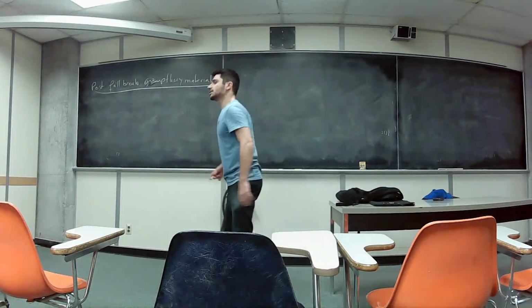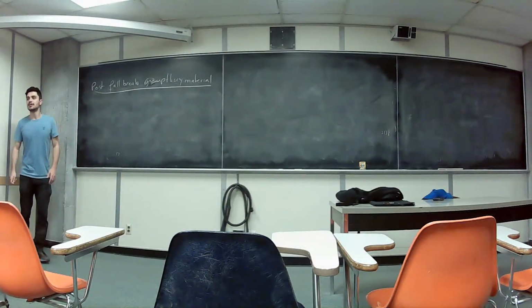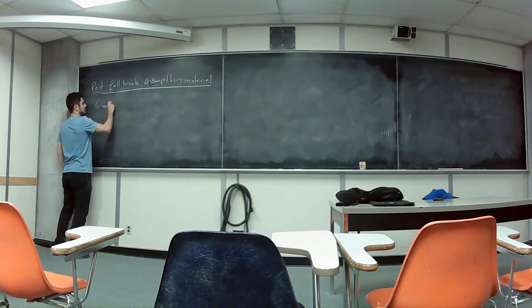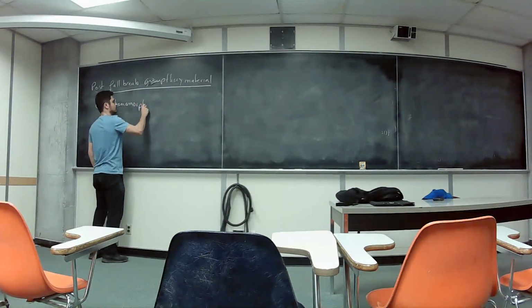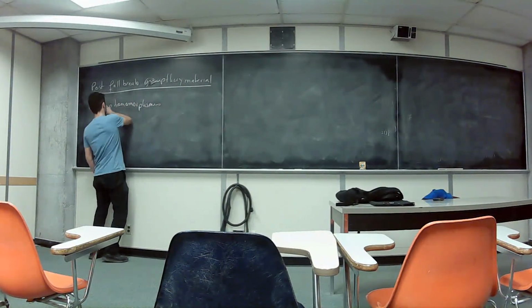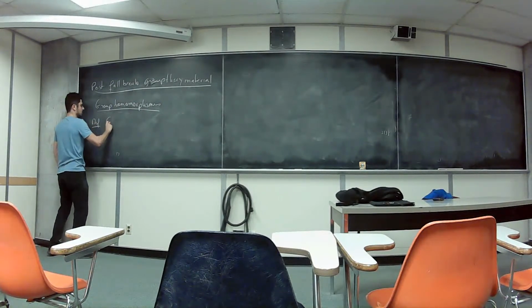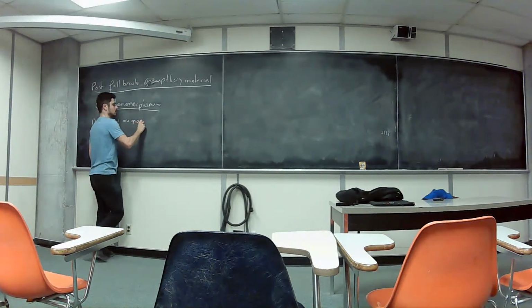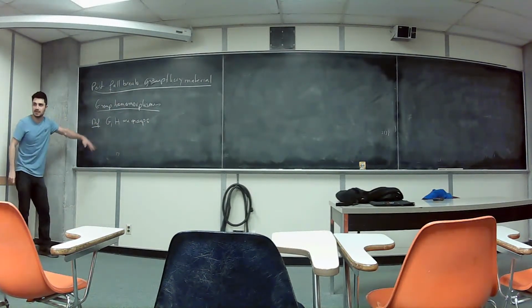Okay. So the group theory material. What is the first thing that we saw after the break? Group homomorphisms. So the definition of a group homomorphism. G and H are groups. What is a group homomorphism? I'll be a bit sloppy and not write every single thing.